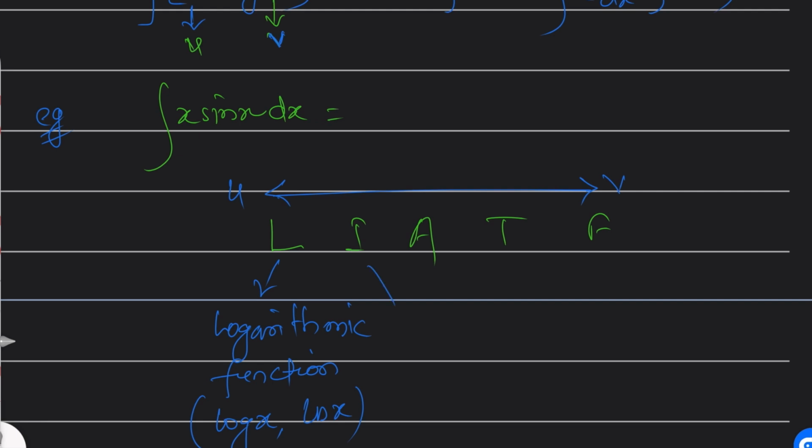Second, I means inverse trigonometric function. Here examples are tan inverse x, sec inverse x, like this. A means algebraic expressions. Algebraic expressions means, let's say, 2x square.